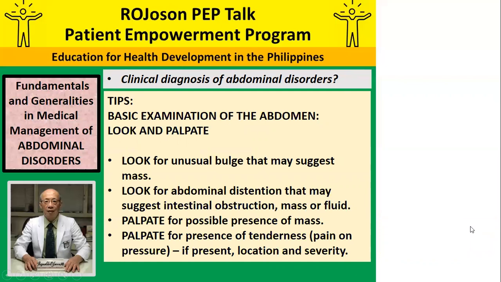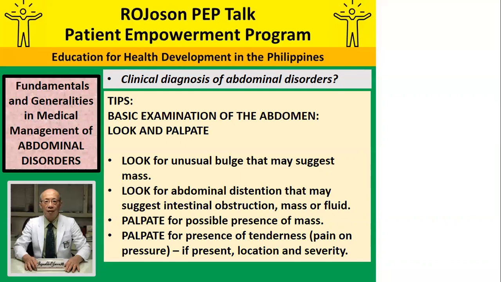So in the examination of the abdomen, as I said, look and palpate. Look for any unusual bulge that may suggest a mass. Look for abdominal distension that may suggest intestinal obstruction or a mass or fluid. Palpate for a possible presence of a mass. Then palpate for the presence of tenderness, which is pain on pressure.